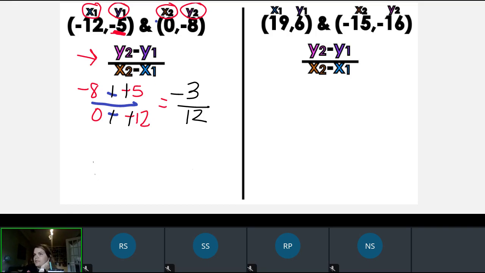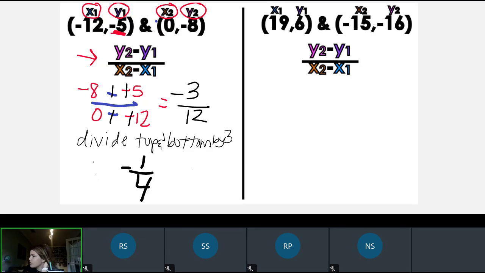Now that we have this -3/12, correct, Micah, exactly. Yep. We need to simplify. So I'm going to divide the top and bottom by 3. We have to divide the top and bottom by the same thing. So now I'm going to get, as my final answer, the slope is going to be -1/4.